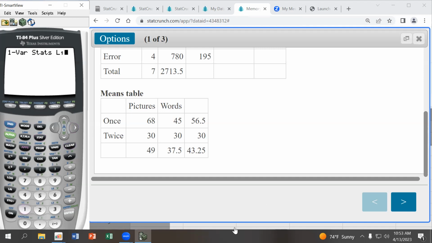Second one. And enter. Good. Yes. So it's 49 minus the 43.25, and what is the second one? 37.5 minus 43.25. So you take each column mean and subtract.